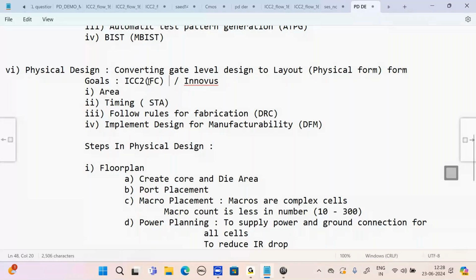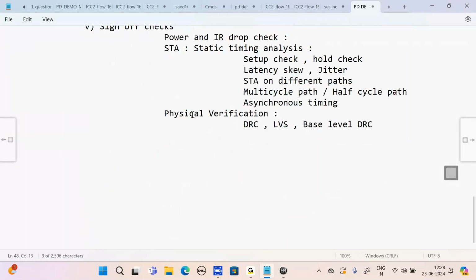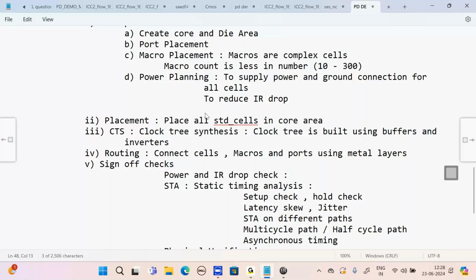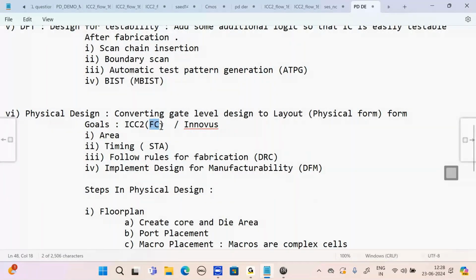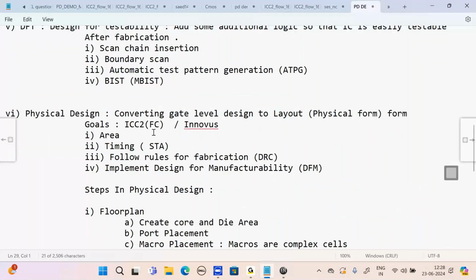Fusion Compiler has more licenses, like DC shell, ICC2, and all the sign-off checks, in a single bundle. That is called Fusion Compiler. But if we use them separately, this is called DC shell and this is called ICC2. There is no difference even in commands. Both use the same commands.